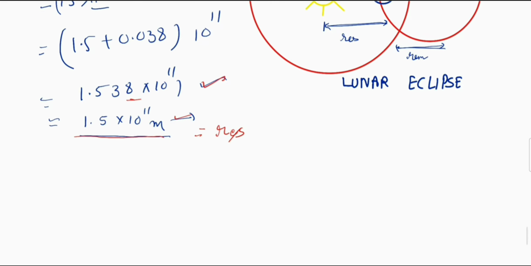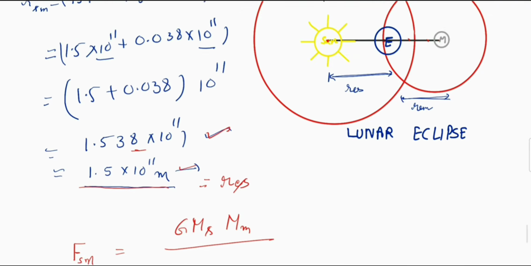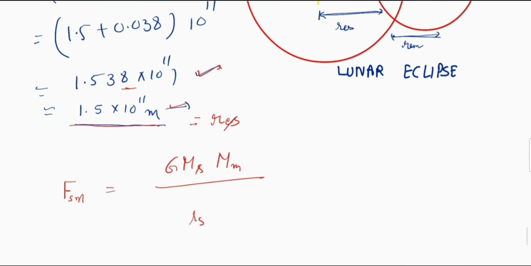So now the gravitational force exerted on the moon due to sun is equal to G, mass of the sun, mass of the moon, divided by RSM square. If we put all these values, we'll get the same value, 4.39 into 10 raised to power 20 Newton.